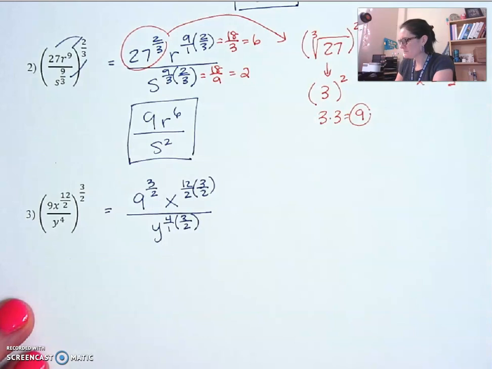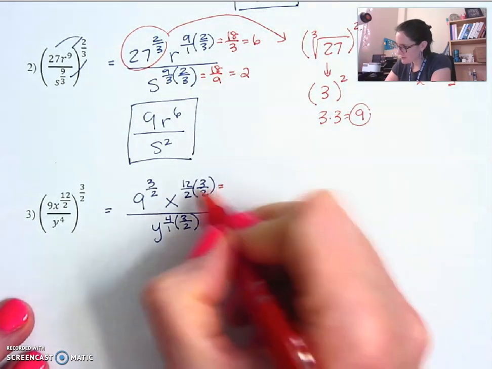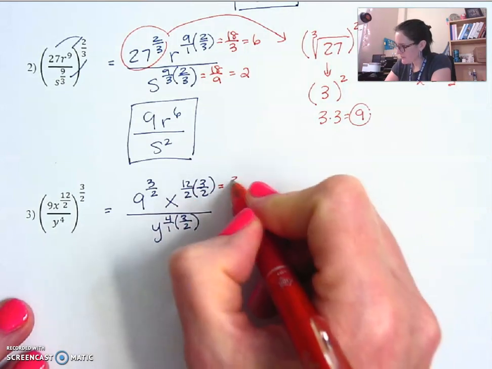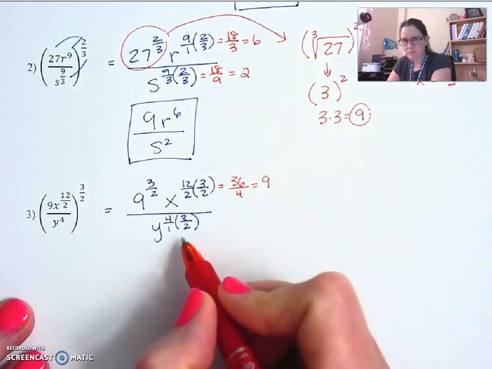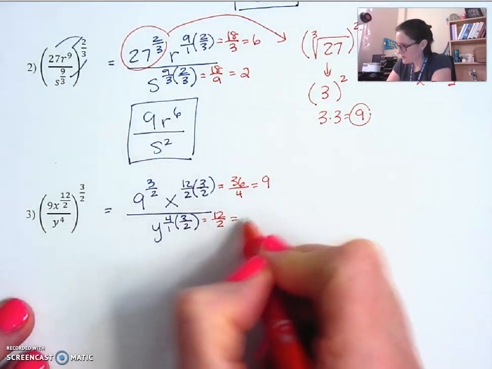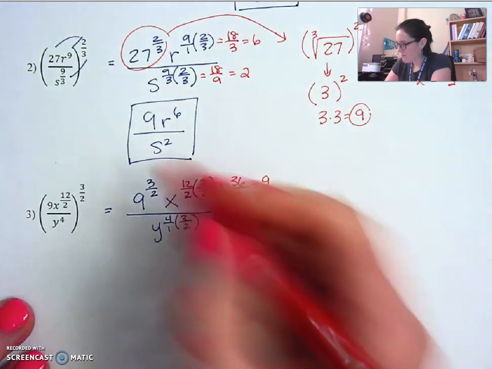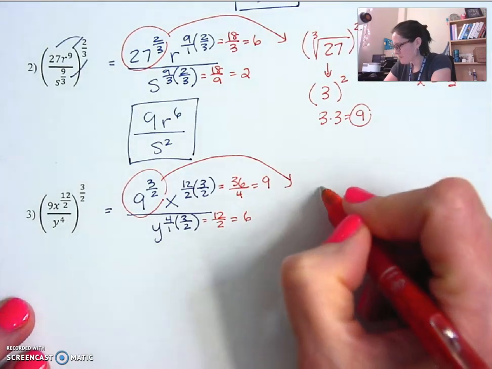So here's my setup. I'm going to work the variable exponents first, multiply across the top and bottom, gives me 36 over 4, which is 9. Across the top and bottom here is 12 over 2, which is 6. So now let me simplify 9 to the 3 halves.